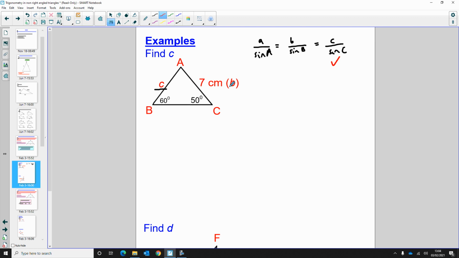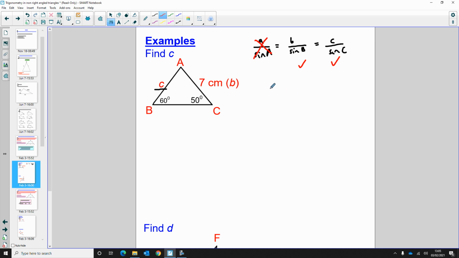Now, we need to look and see where the other information is. We're given a side b here, and we're given an angle B, so we're definitely going to use that. There is no information for either a part. There's no angle, there's no side, so we can just ignore that. We can cross it out.